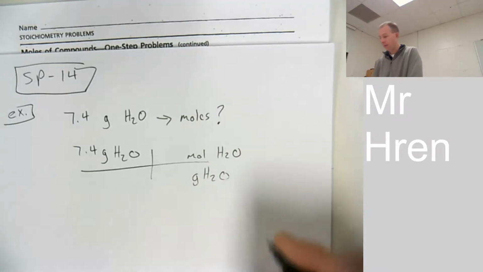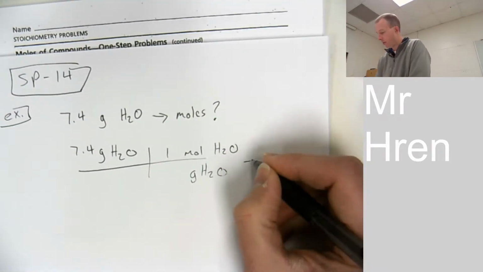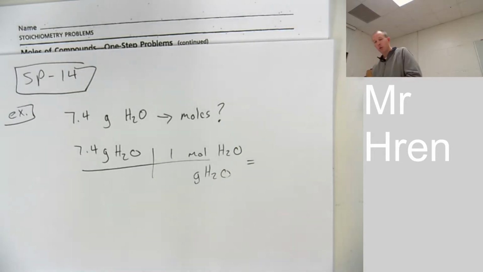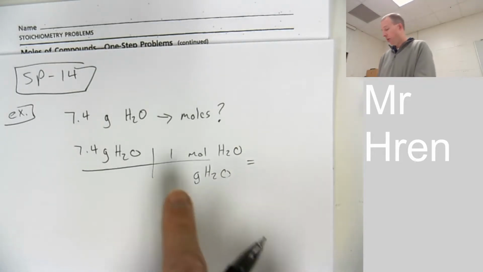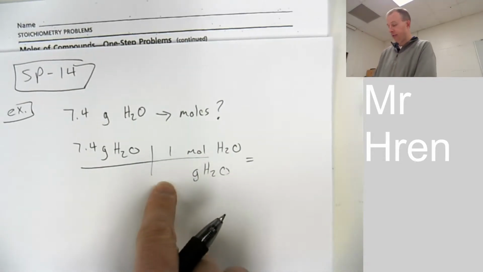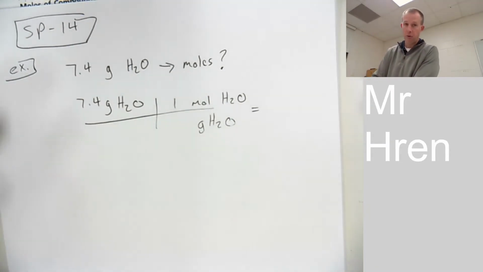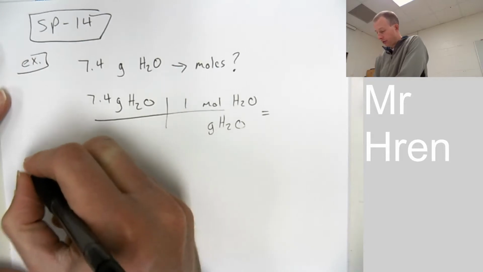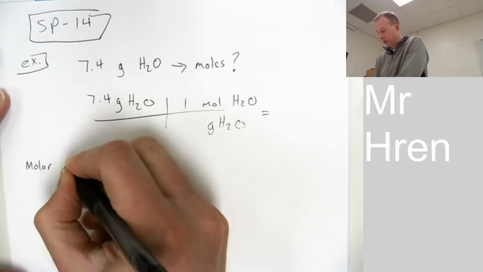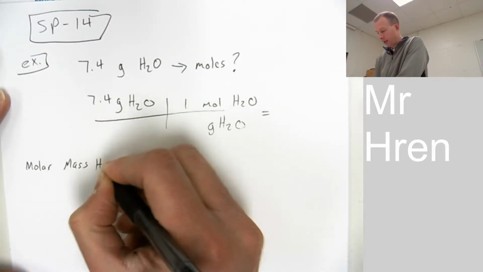Remember, 1 mole of H2O, always 1 for the mole. Now, what number do we put here? That is the question. You've got to find the mass of water, so we're going to find the molar mass of H2O.